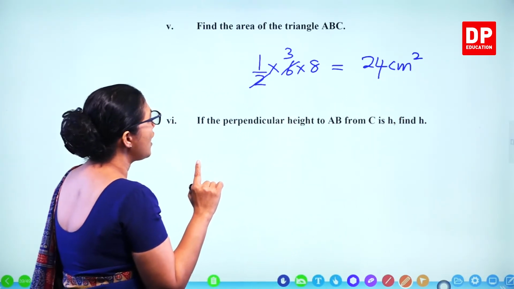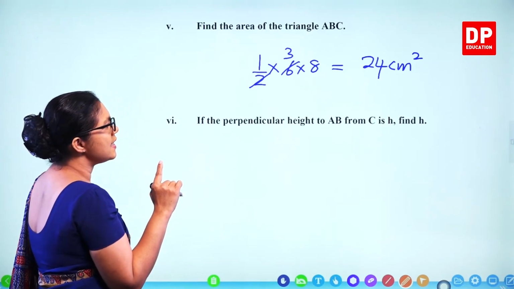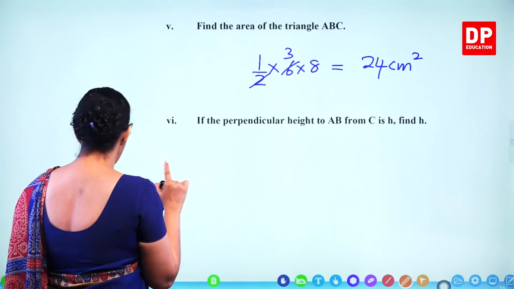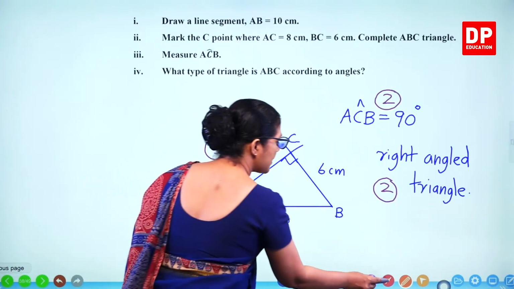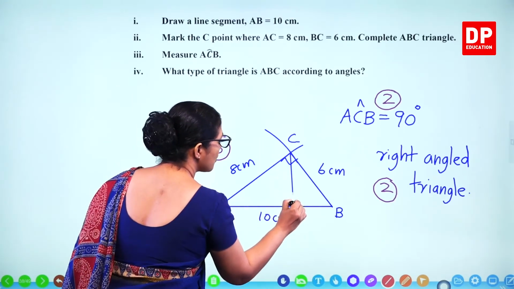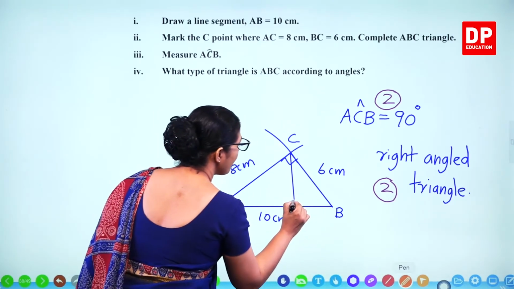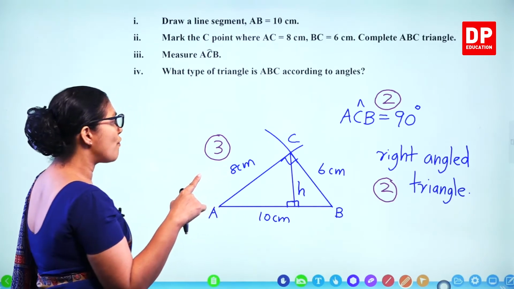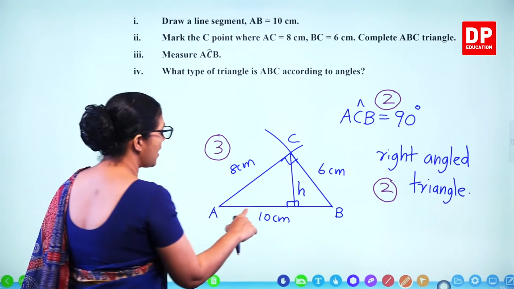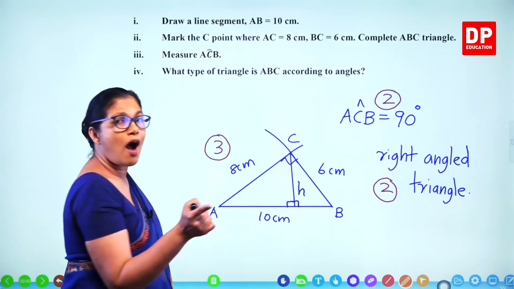If the perpendicular height to AB from C is h, find h. From C, the perpendicular height from here is h. Then what's the area of the triangle? Area becomes 10 into h into half.